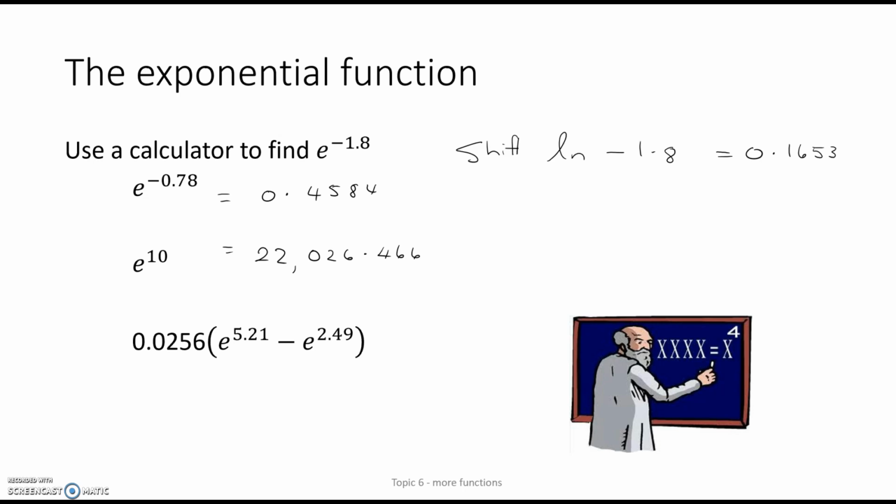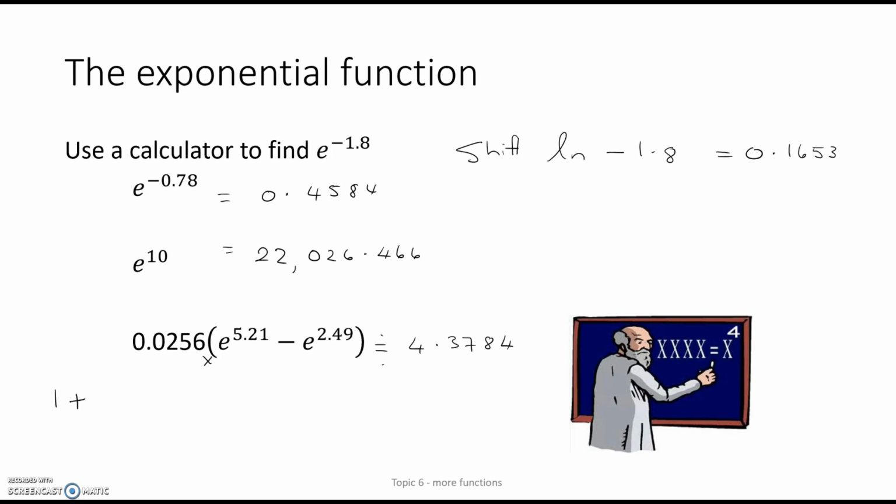Then for the last one, it's just a little bit more complicated, but you can do that on your calculator as well. Just set it out exactly as that. Your calculator may need a times sign in there, but otherwise, just check that you can get the answer 4.3784-ish, approximately.